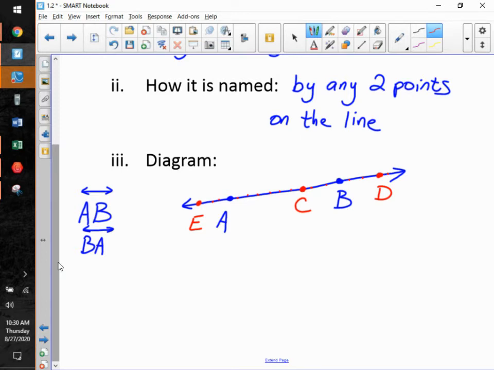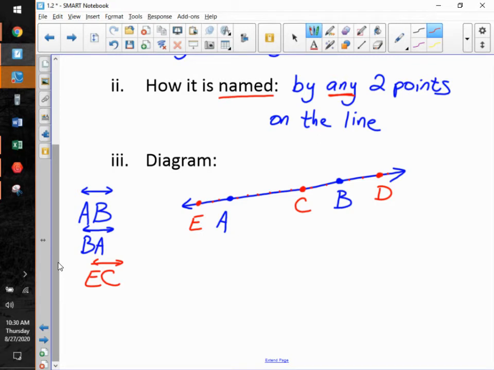on the same line. And so the fun thing now is when we name a line here, everybody, by any 2 points located on that line, that means that there's a lot of different ways that we could name this thing. Not just AB or BA, but we could also name this, for example, line EC, because those are 2 points that are on that line.